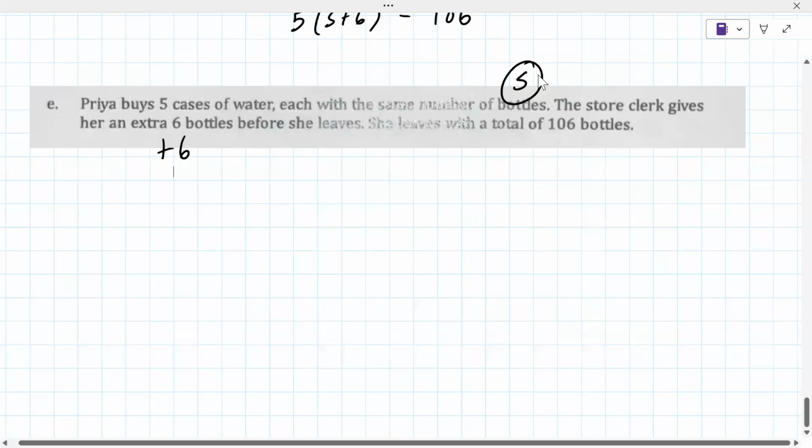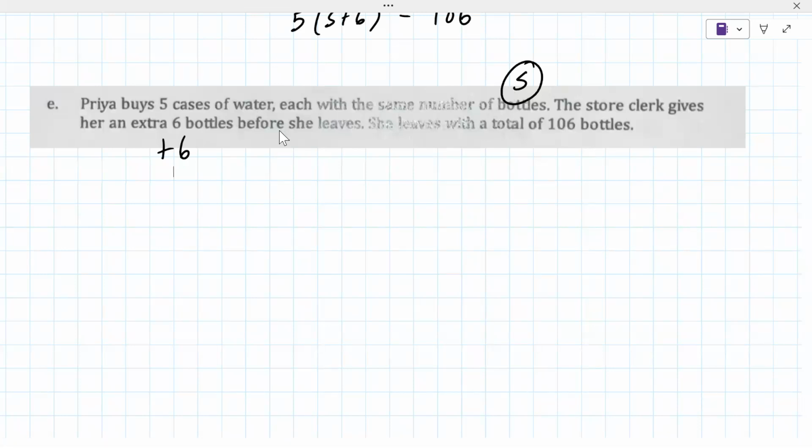The way you read this is that the clerk gives her an extra 6 bottles each time, for each case. No. So it's like S plus S plus S plus S plus S plus 6. That's 5S plus 6.